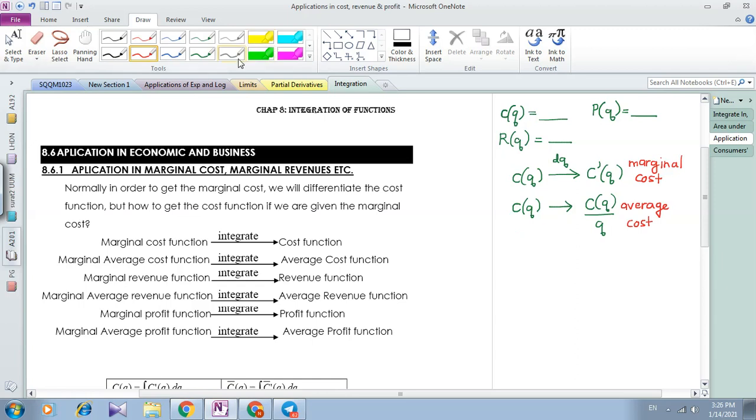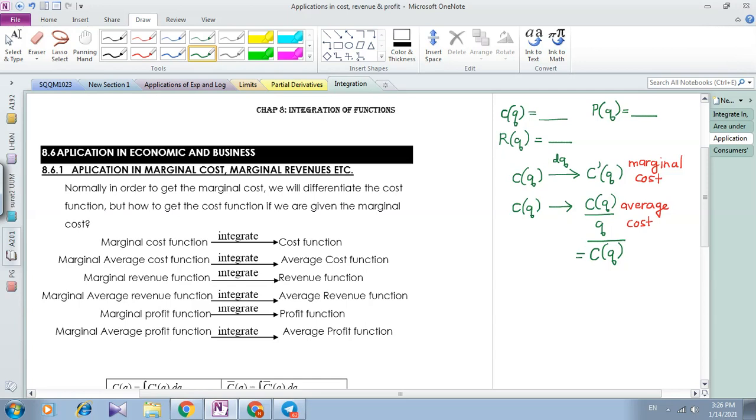How do you denote average cost? You can write average cost with the cost function C with a bar on top. This means average.